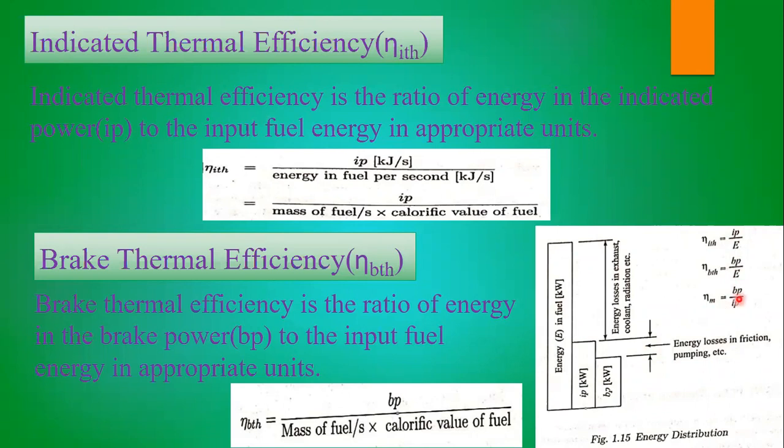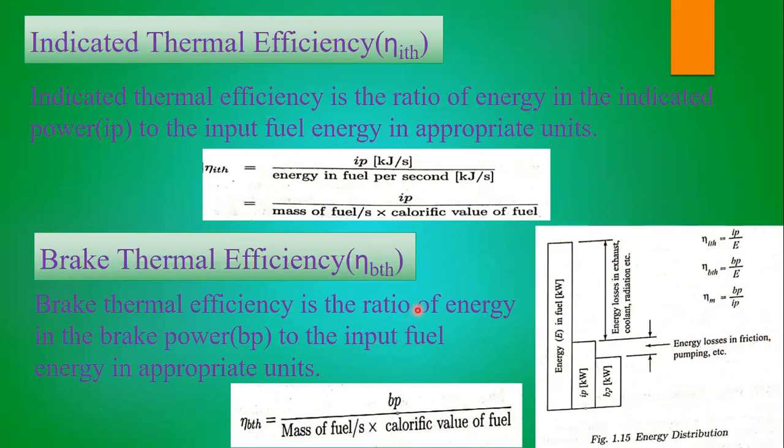Mechanical efficiency is nothing but the brake power by the indicated power, that is, the amount of work converted into mechanical work. Here the indicated work is converted to the brake work. Whatever energy is available at the crankshaft is the brake power, divided by whatever energy is available after these losses, the indicated power. That is the mechanical efficiency.